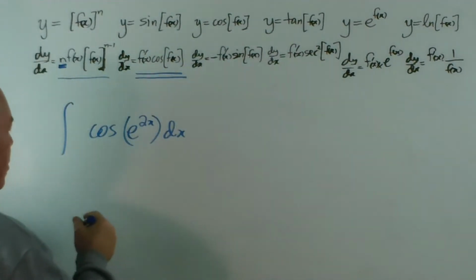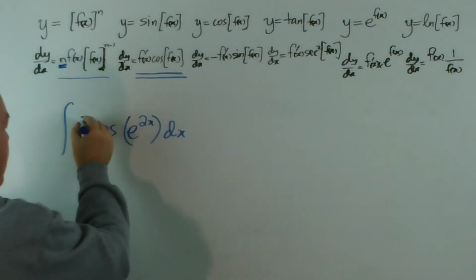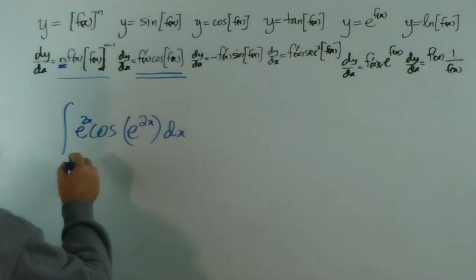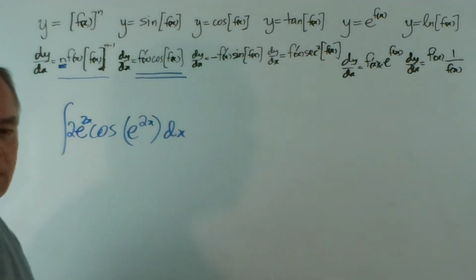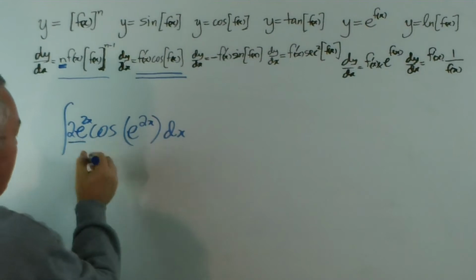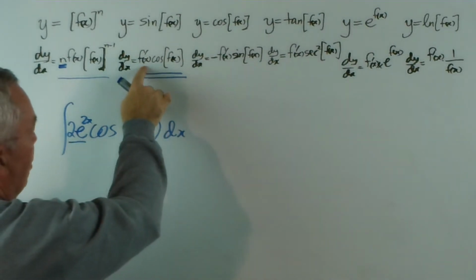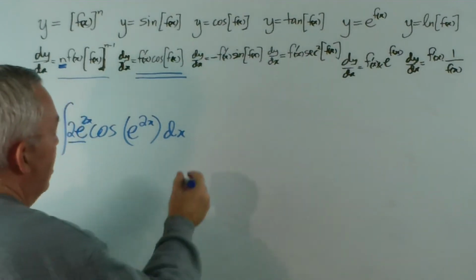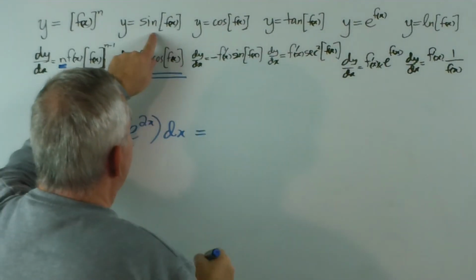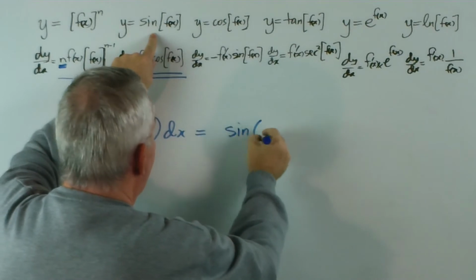Well, using the chain rule, it's e to the 2x, the same function, multiplied by 2. So if that was out the front, that would be perfect. This is the derivative of that. So we've got the derivative of the function out the front, and we just match the pattern beautifully. And the integral would be sine of whatever the function was.